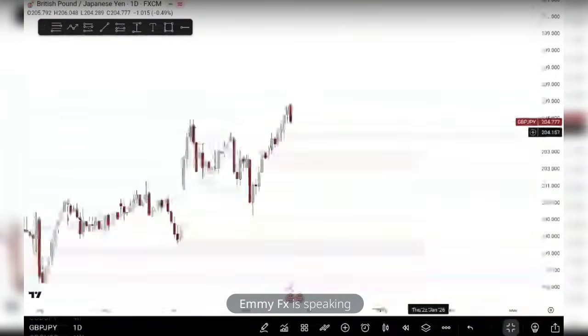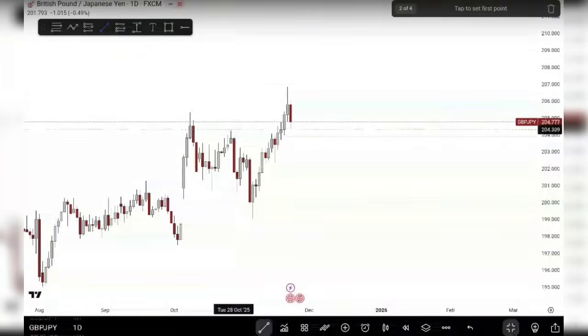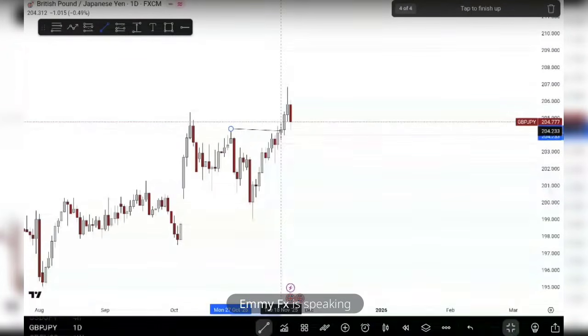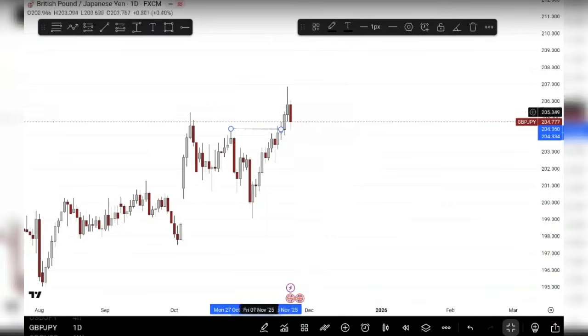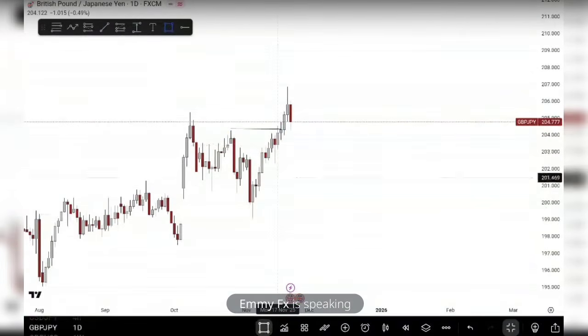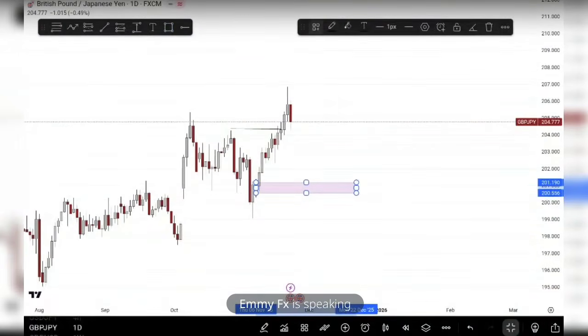All right, in the 1 day time frame, we have this break of structure. Now we have this zone that caused the break of structure.